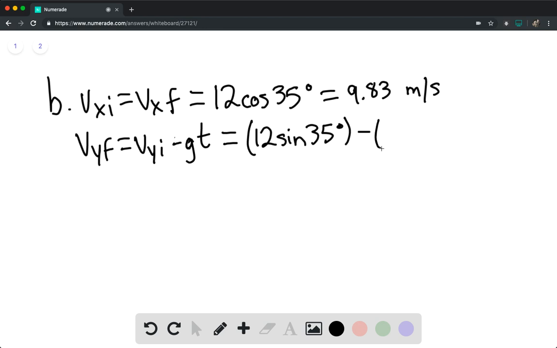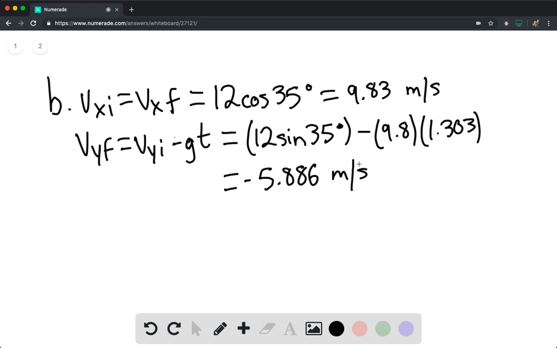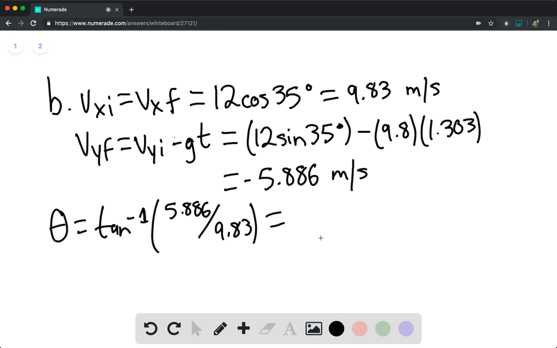So we can say minus 9.8 times the t, so 1.303, and we are getting negative 5.886 meters per second. So now theta is going to be equal to arctan of the y component divided by the x component. So this will be 5.886 divided by 9.83, and we are getting 30.9 degrees.